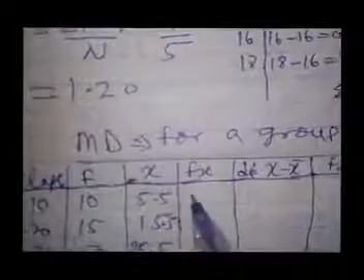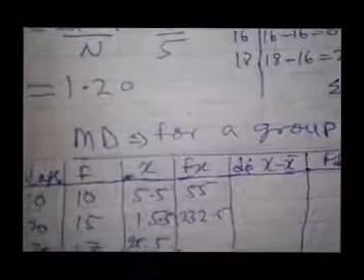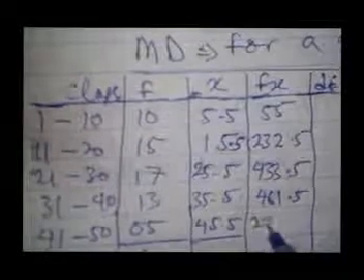Now f of x, that's f multiplied by x: 10 multiplied by 5.5 gives us 55. 15 multiplied by 15.5 gives us 232.5. 17 multiplied by 25.5 gives us 433.5, and 13 multiplied by 35.5 gives us 461.5, and 5 multiplied by 45.5 gives us 227.5.